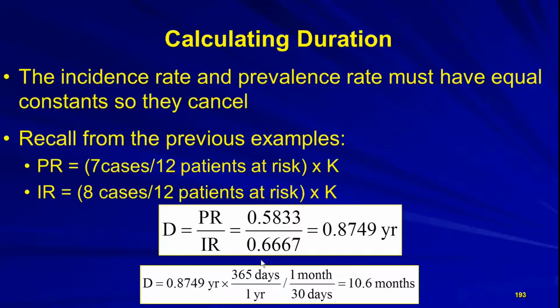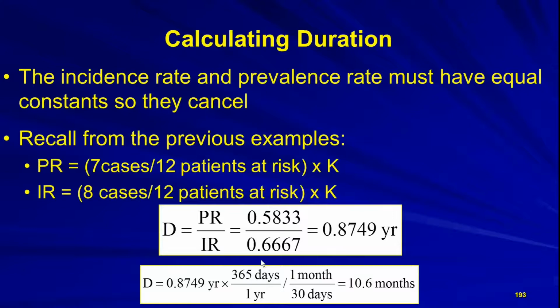Recall from the previous examples, we had 7 cases and 12 patients at risk, and I think our answer was 58.3. And now what we're doing is we're dividing 7 by 12, and that's how we come out with 0.5833. Now with the incidence rate, we're doing the same thing.